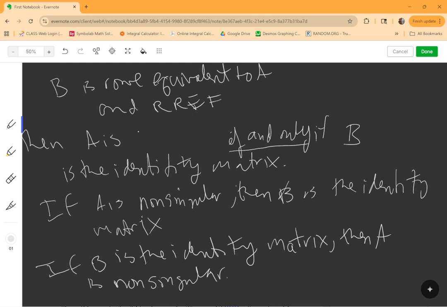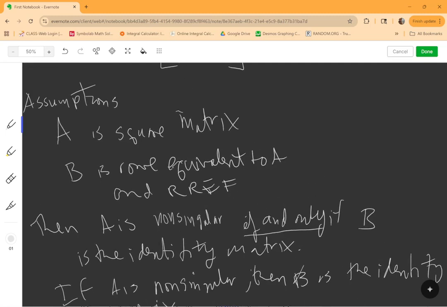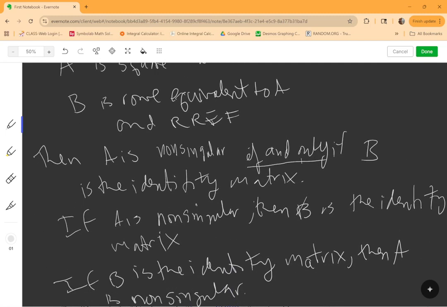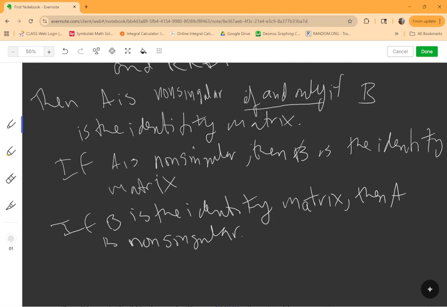A is non-singular if and only if B is the identity matrix. That is the theorem: A is a square matrix, B is a row equivalent matrix to A. So it's almost like a definition, much stronger than just an implication. We're defining what it means to be a non-singular matrix.